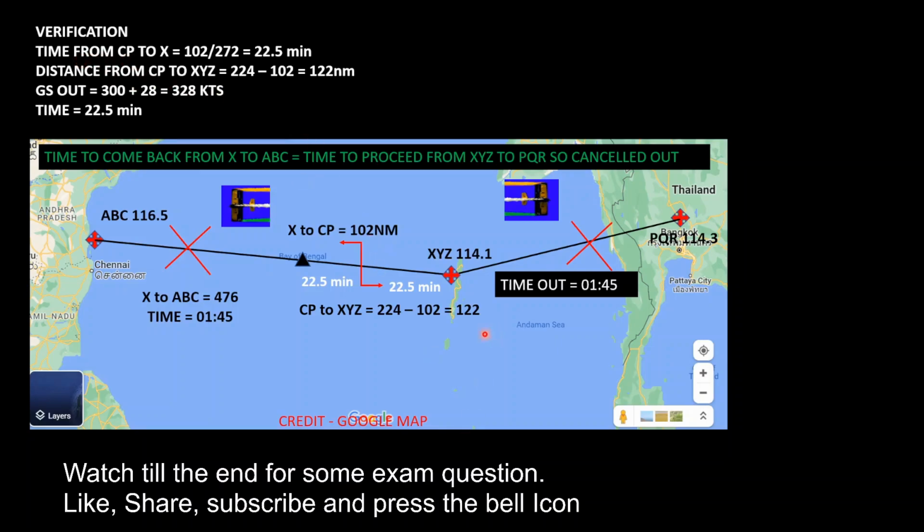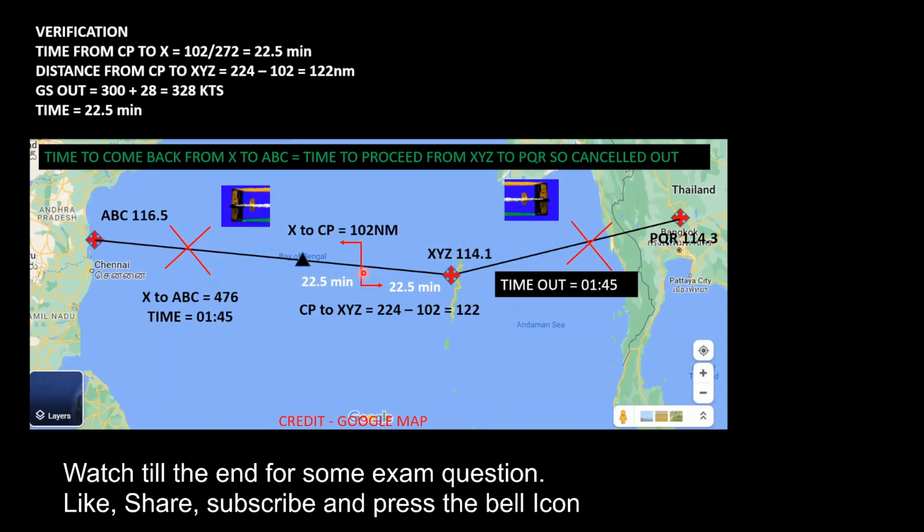Therefore, the time from the CP to X-ray is 102 upon my ground speed home, which was 272. We have seen it earlier, which is going to be 22.5 minutes. And now we will see the time taken from CP to XYZ.